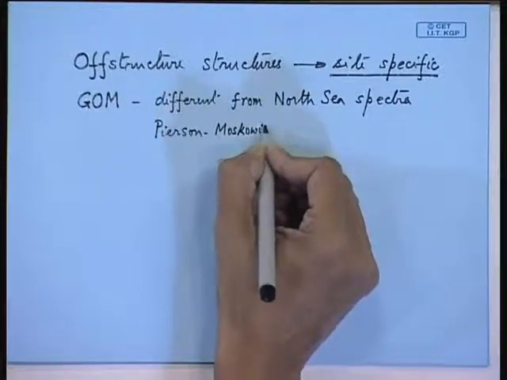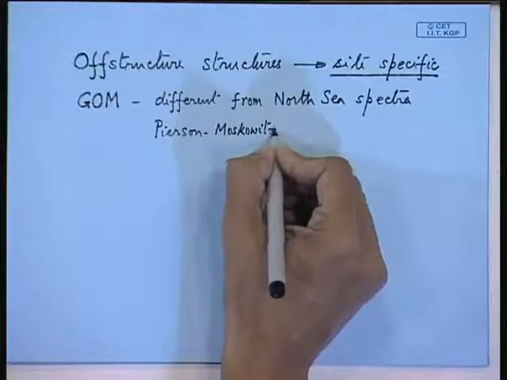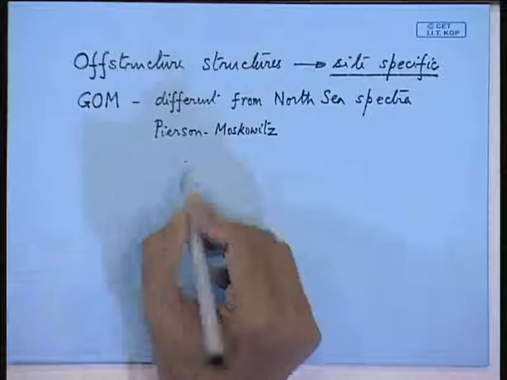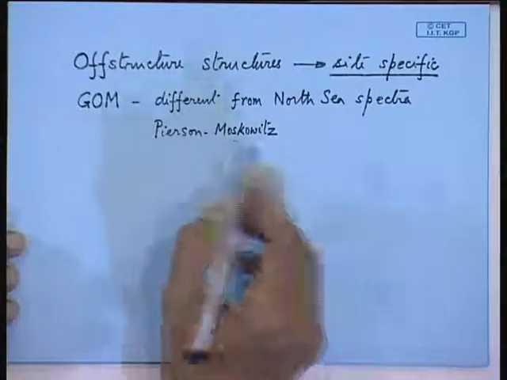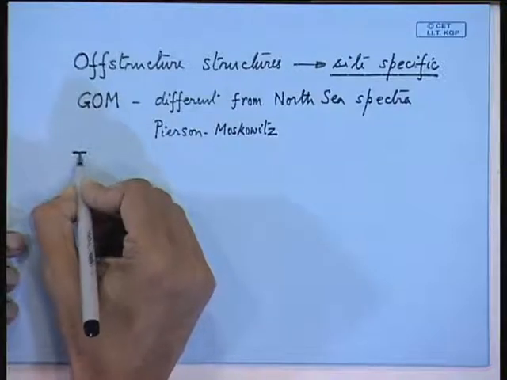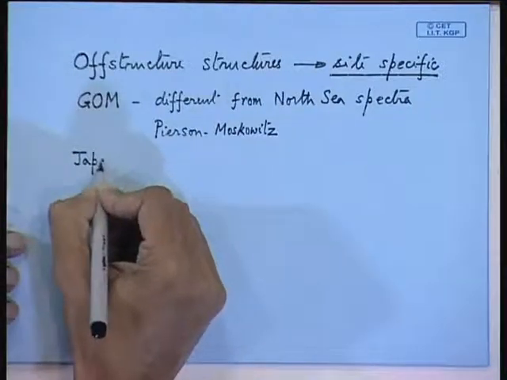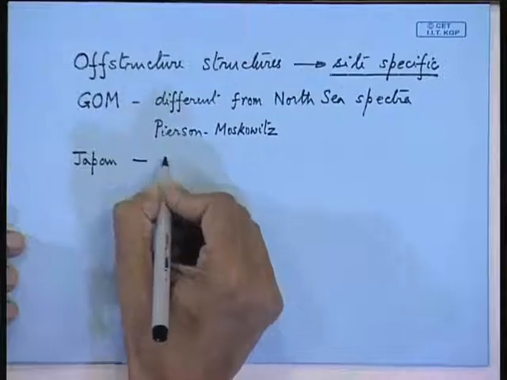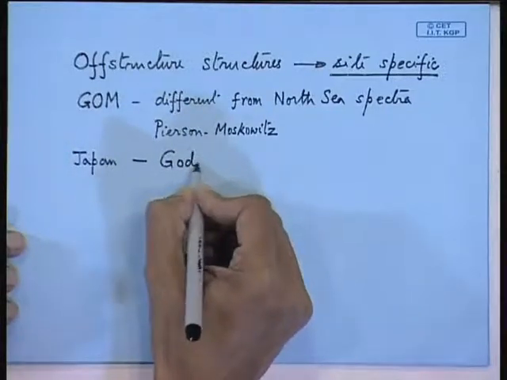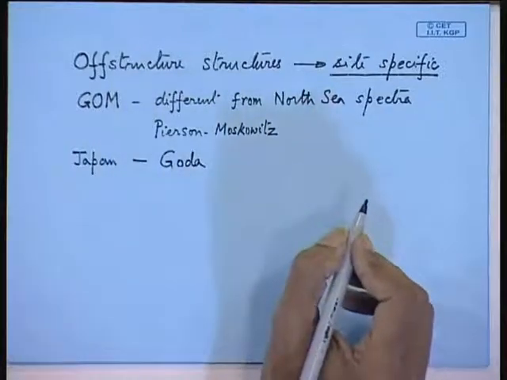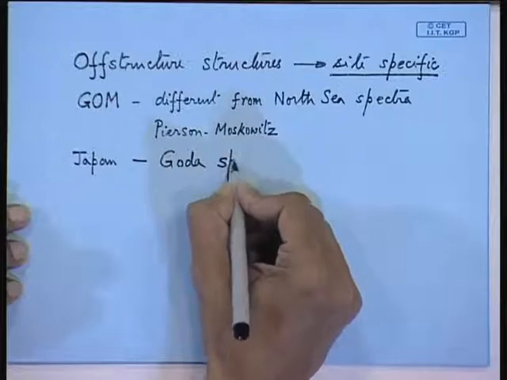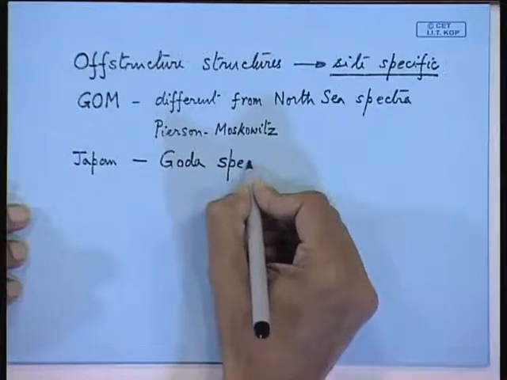Now many countries have started developing their own spectra, especially Japan. Japan does not go for either Pierson-Moskowitz or JONSWAP. Japan uses their own formula, called the Goda spectra. I do not have this in my book because it is not written by a Japanese author.